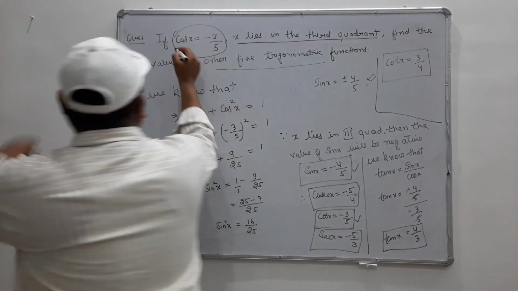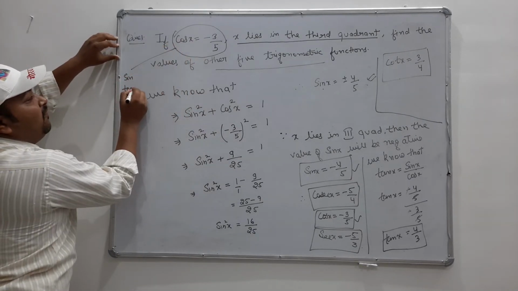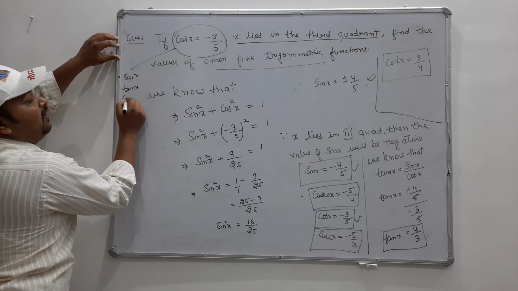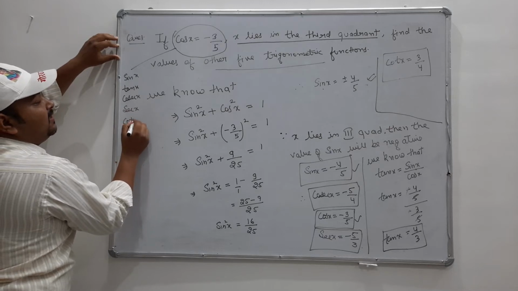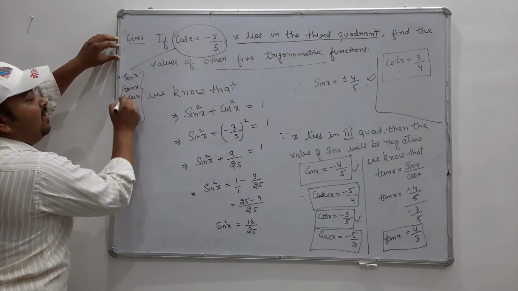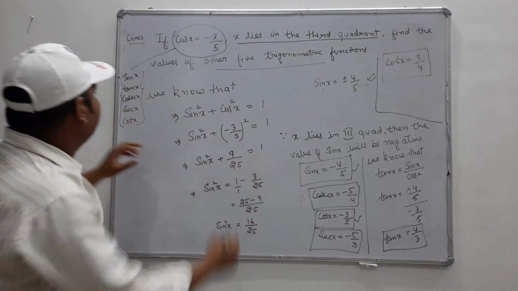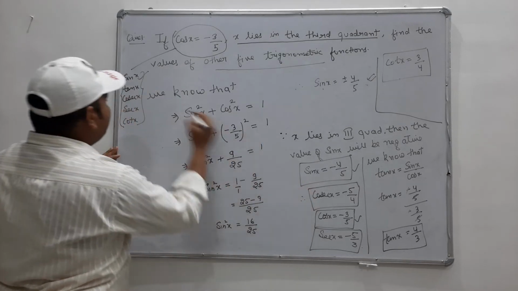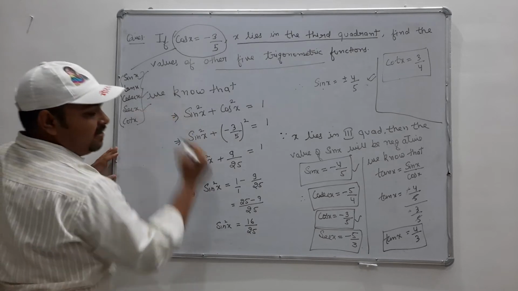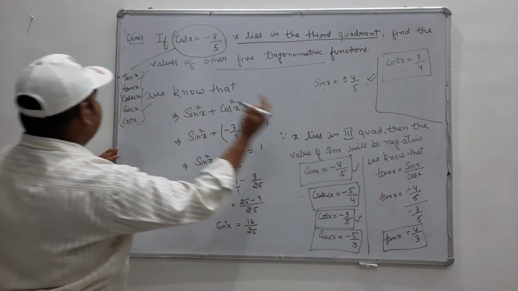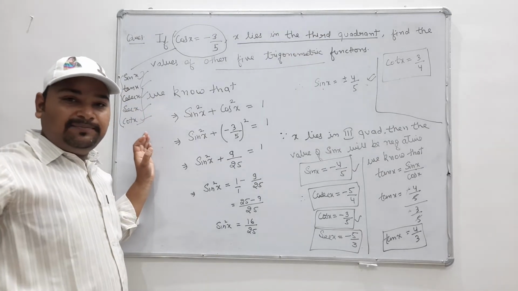That is, remaining is sin; cos is given, we have to find the value of tan x, cosec x, sec x and cot x, the remaining 5 trigonometrical ratios. So we have already found sin x, cosec x, and cos x is given, sec x and tan x and remaining cot x. Is that clear?